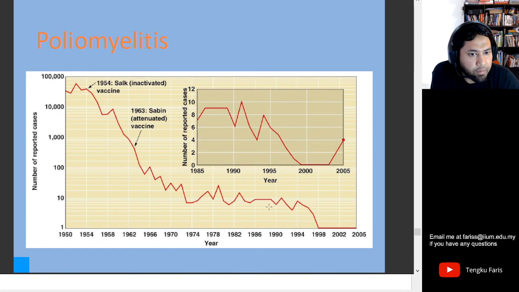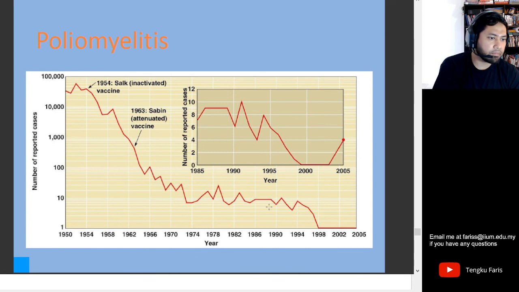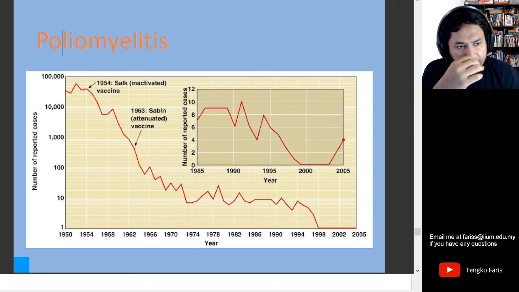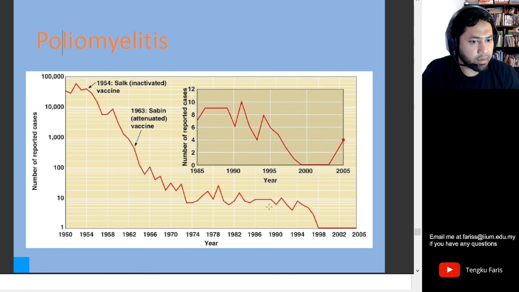You can see from the line graph here, we had completely eradicated polio since 1998, but after 20 to 30 years, last year we had new cases. I think around 100 to 200 new cases have been reported.